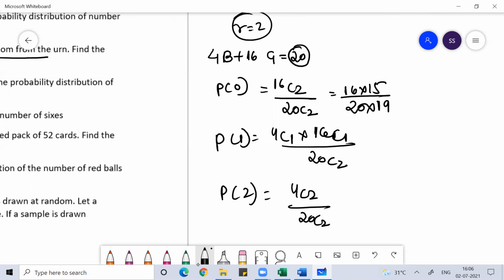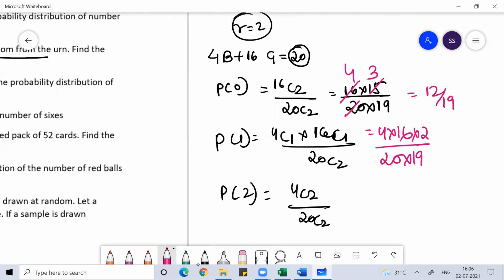Okay, so this is 3, this is 4, then this is 12 by 19. Then this is 4 into 16, 20 into 19 into 2. This is 10, then 2 by 5.